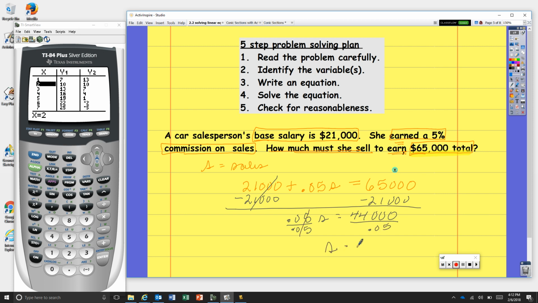And S equals 880,000. Now, does it make sense that a car salesperson could earn $880,000 worth of cars? Yeah, you could easily sell that in a year. So she sold $880,000 worth of cars.